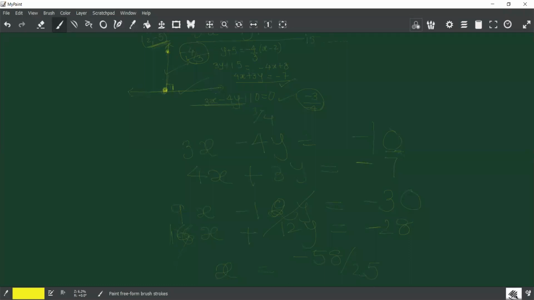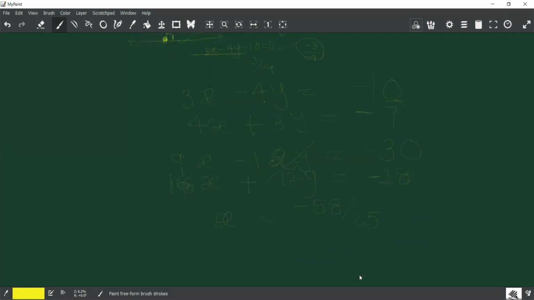अगर none of these options नहीं है MCQ में and minus 58 upon 25 वाला एक ही option है, so don't get y also. Correct? यहाँ तो foot of the perpendicular, यहाँ तो option है none of these. So we have to get y. You understand what I'm saying? So substitute and get the value of y.